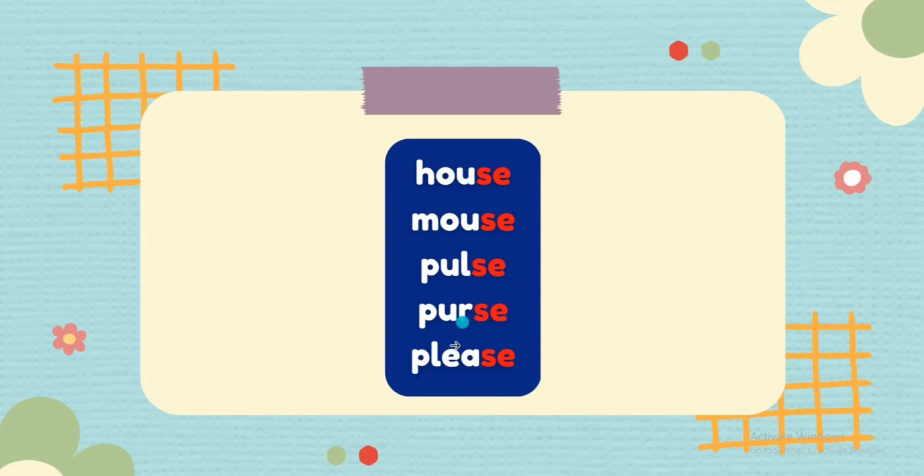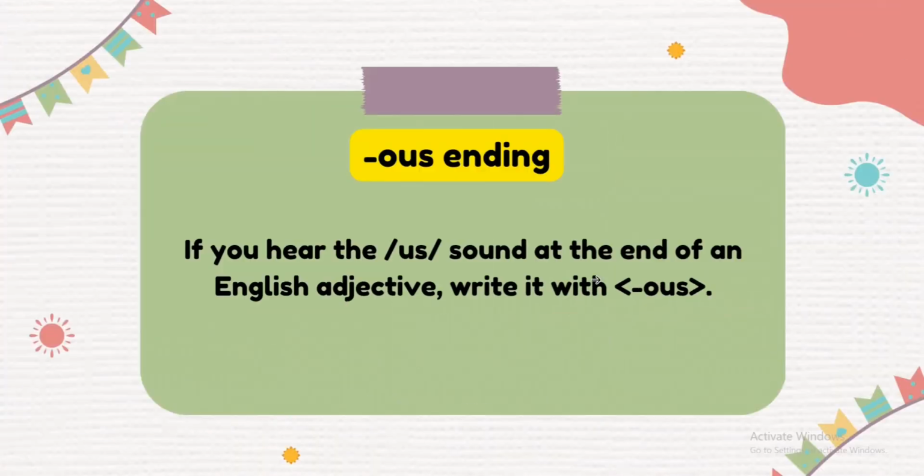Now check out in all these words we either have a vowel team like OU, or we have a consonant like L and R controlled vowel, and then EA is the long vowel E spelling. So if you have a vowel team and then you have the /s/ sound at the end of the word, it's good to choose the SE ending for these words. You may find some exceptions somewhere, but most of the time the tips that I'm giving you work. Let's check out the next point.